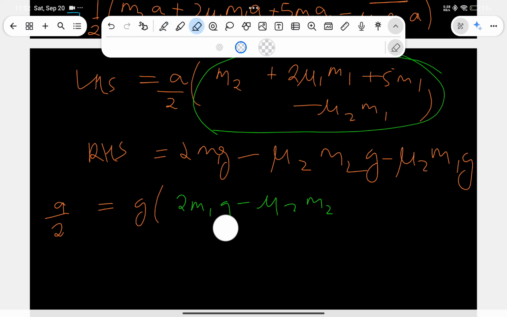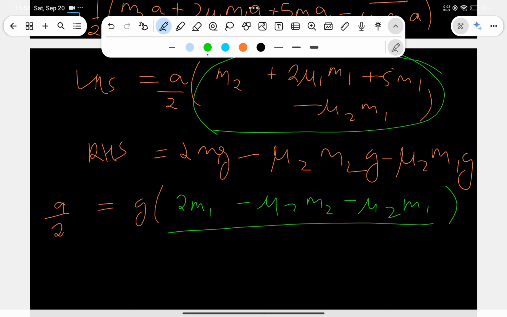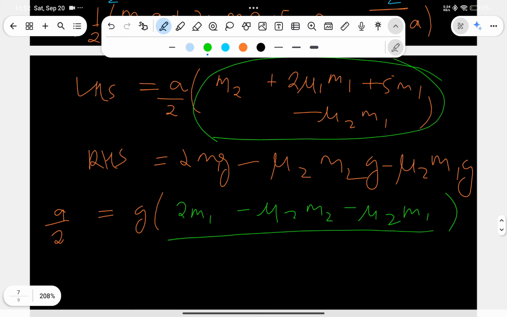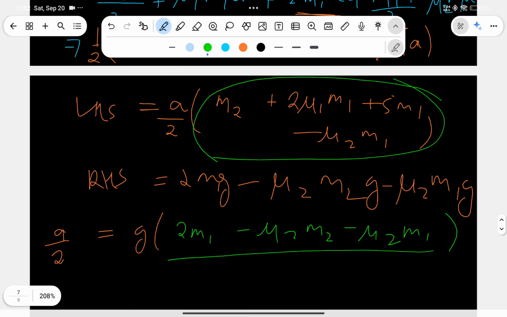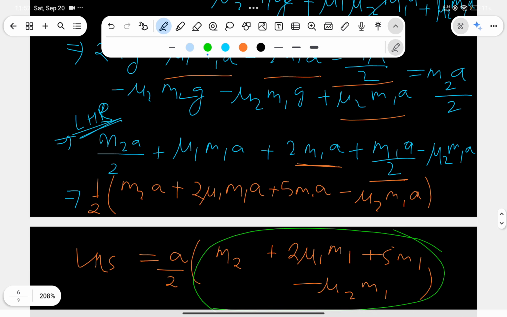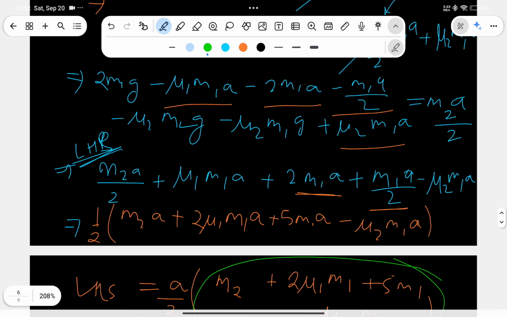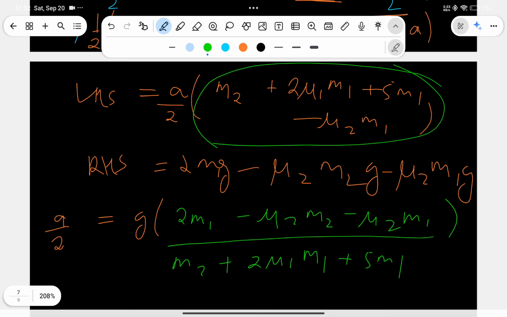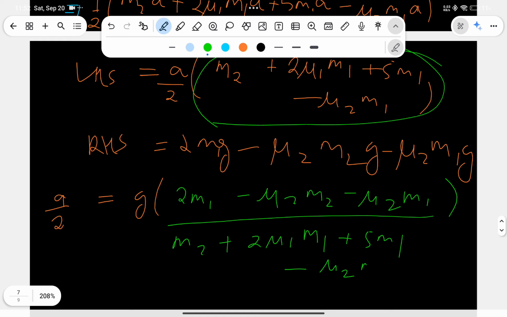Okay, g will be cancelled, minus mu 2 m1 divided by, I think we have done some mistake or something. No, right? We'll see. m2 plus 2 mu 1 m1 plus 5 m1 minus mu 2 m1.